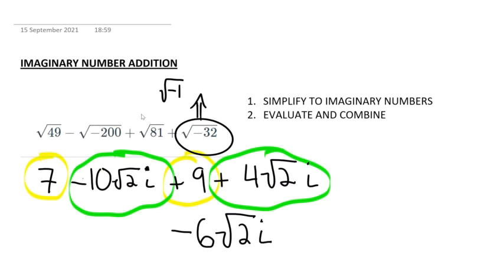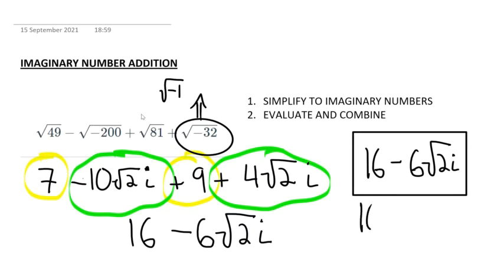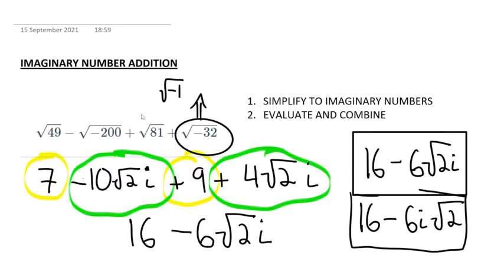So 9 plus 7 gives us 16. The answer is 16 minus 6 square root 2i. There we have it. Another way of writing that, of course, would be 16 minus 6i square root 2. But then again, they both have the exact same meaning.